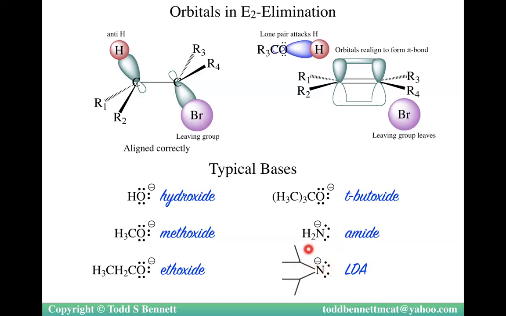The bulkier the group, the more likely it's going to do elimination. Smaller group, you might get some substitution. This is such a strong base, probably still going to completely deprotonate it. Very, very little substitution. But with this one, you might actually see some substitution. Okay, so typical bases. You do have to memorize a certain amount of information in OChem. This is just another example of stuff being memorized.